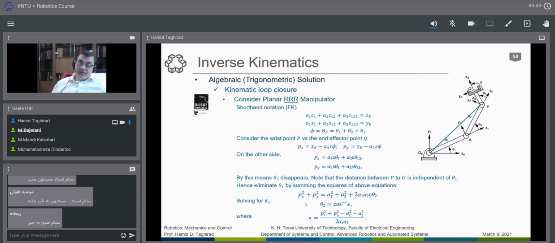If we consider cosine of theta 2 as kappa, just to talk about it a bit more and give more analysis here. If cosine of theta 2 is equal to kappa, we can find kappa from just separating the known and unknown variables, ordering them and then reducing it to here.